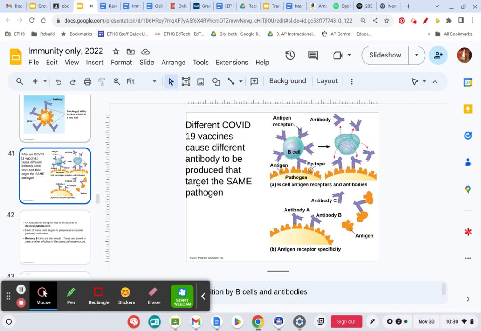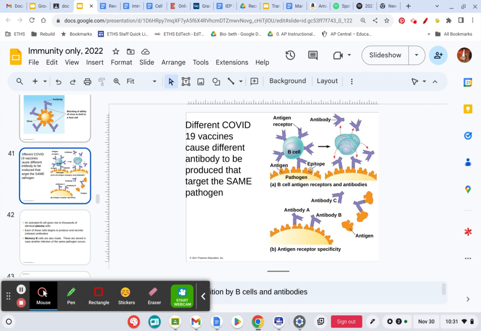So back to your question about different types of antigens. So different COVID-19 vaccines, they're not all the same. So if you get Moderna or you get Pfizer or you get, I know there's a lot more now, but if you get a different vaccine, all those vaccines are working to give your body a different antigen.